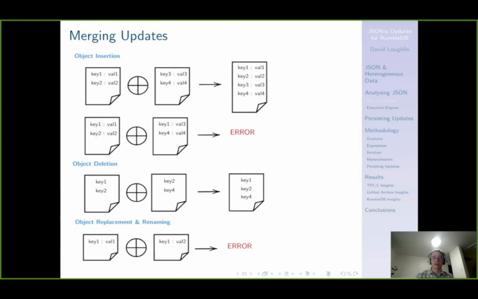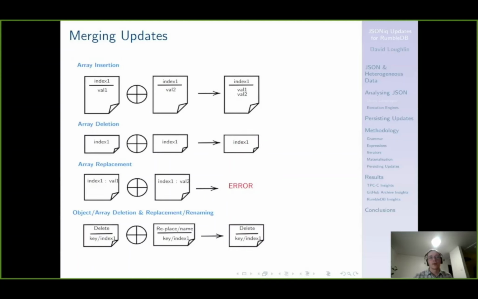And finally, just like with object insertions, object replacement, as long as there's no conflicting keys, then there isn't any conflict. Similarly, we have these merging semantics for arrays, as one would expect, but instead of with keys, it's with indices.